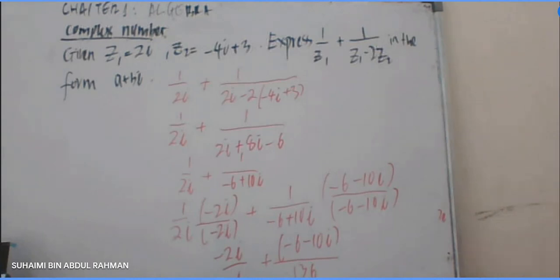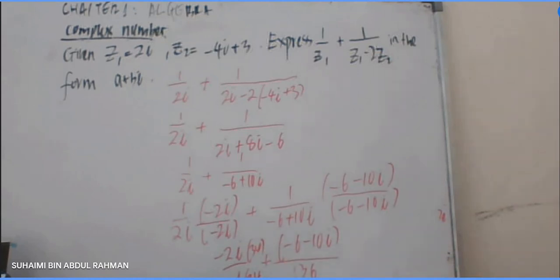And now, denominator different. We want to make denominator same. So what we have to do? Times 34. 4 times 34. So here must be times 34 as well.